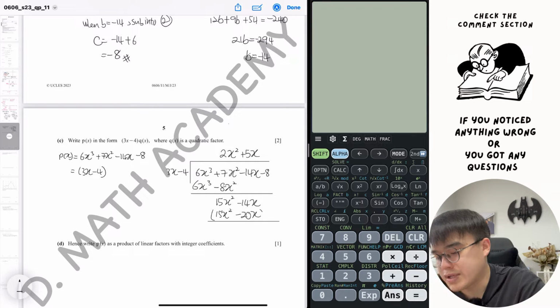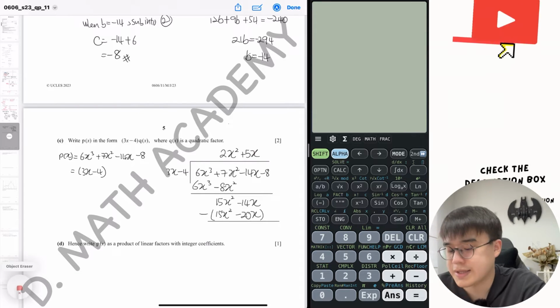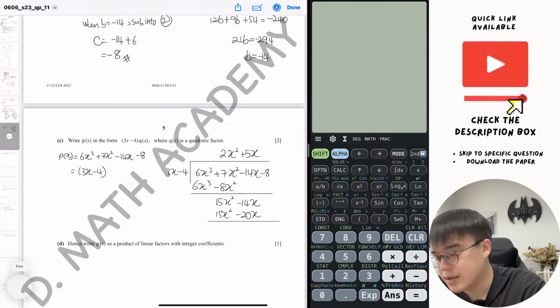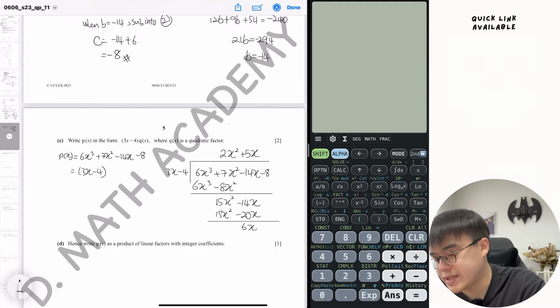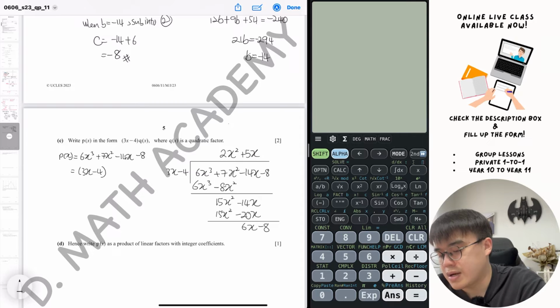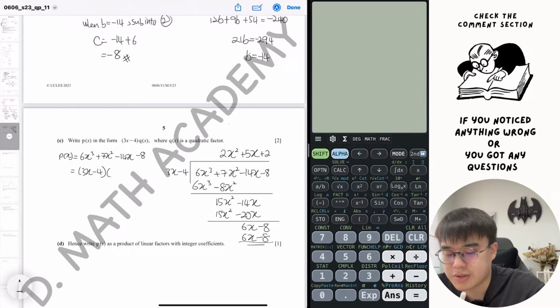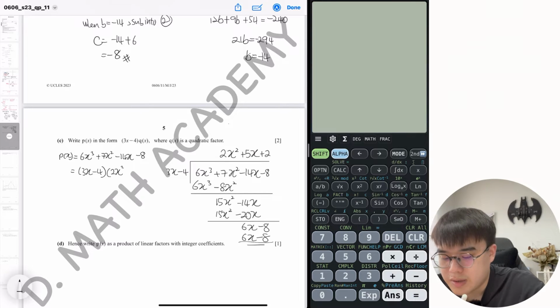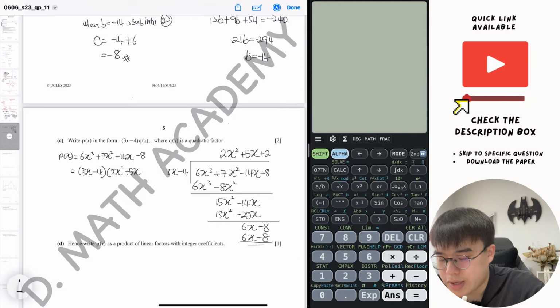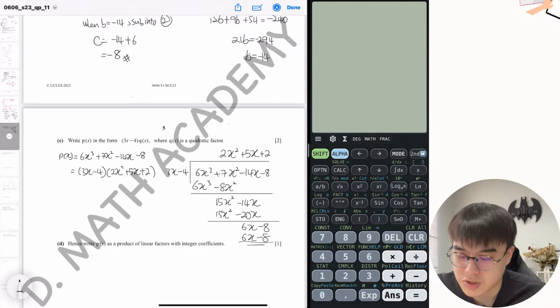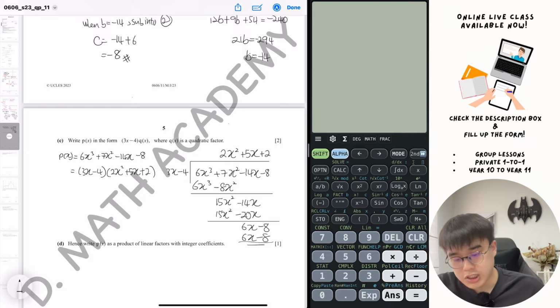Again, because there's an invisible bracket with a negative, I end up with 6x minus 8, where all I need is a +2. Then you'll be able to get your final quadratic as 2x squared plus 5x plus 2.